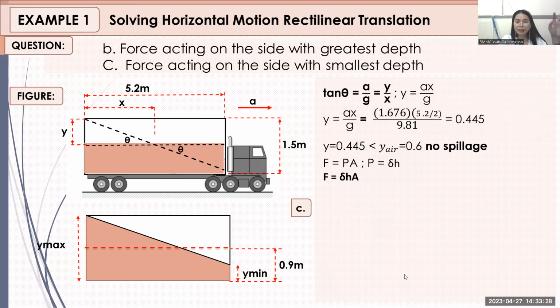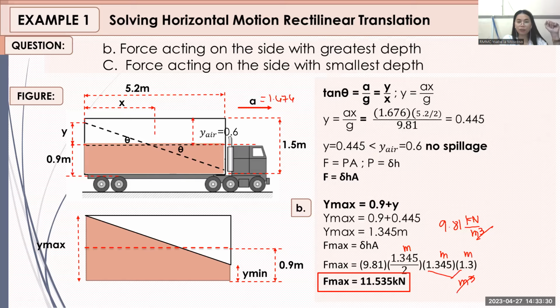Okay? So, balikan lang natin konti. Recap lang tayo, no? First thing na gagawin natin dito is to check if there is spillage sa binigay na acceleration ninyo. Paano natin nalalaman or paano natin masasabi if there is spillage or wala? I-compare natin yung Y na nakuha ninyo sa Y ng air. Okay? If your Y is lesser than the height of your air at your initial situation, therefore there is no spillage.